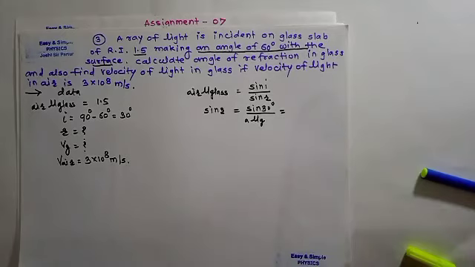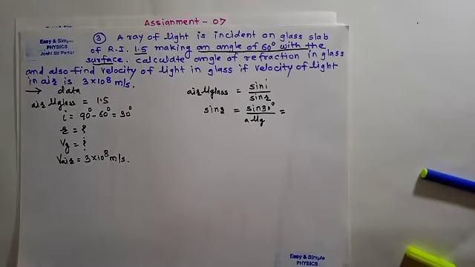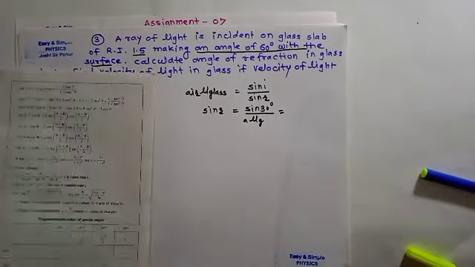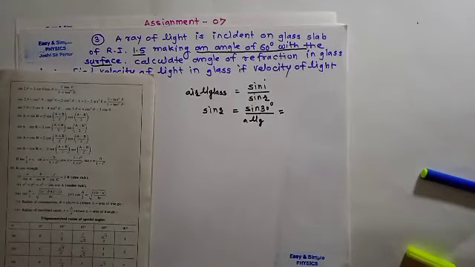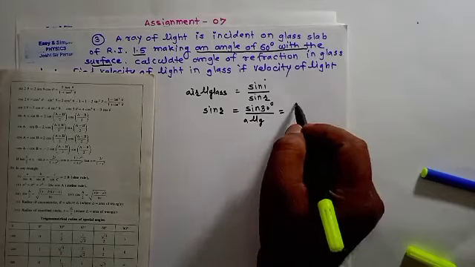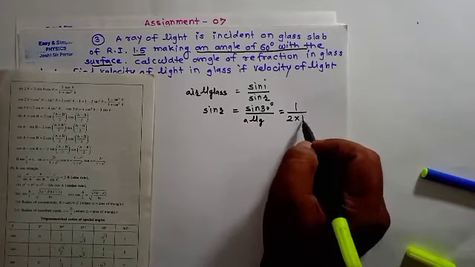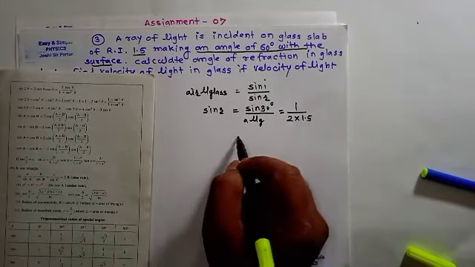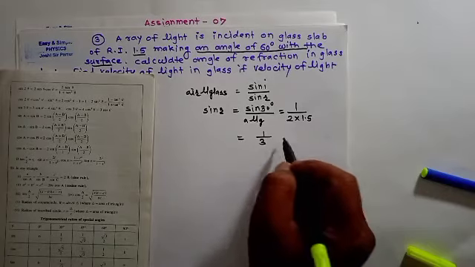In the logarithmic table, the sine of 30 will be 1 upon 2. So we can write it as 1 upon 2 multiplied by 1.5, which will be 1 upon 3.